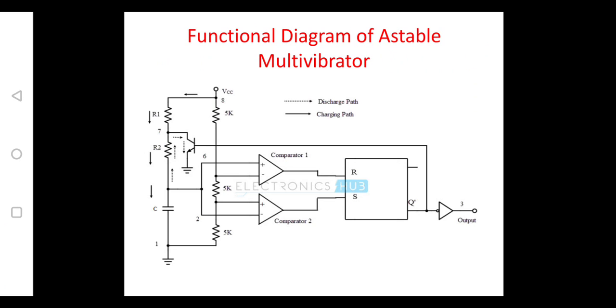The initial value of the capacitor voltage is equivalent to 0. Similar to the 555 timer, here comparator 1 is the upper comparator and comparator 2 is the lower comparator.